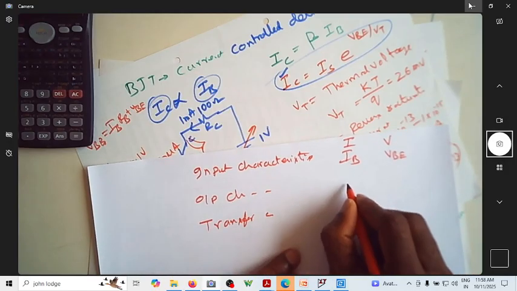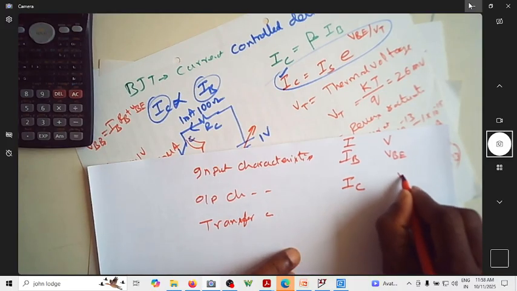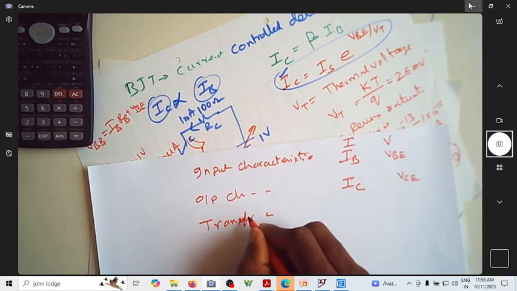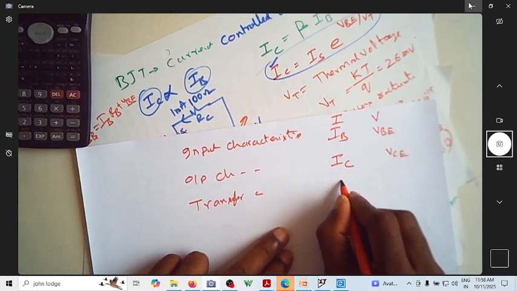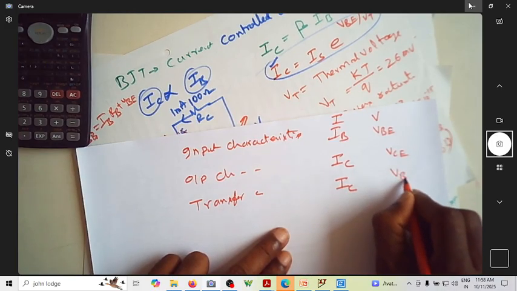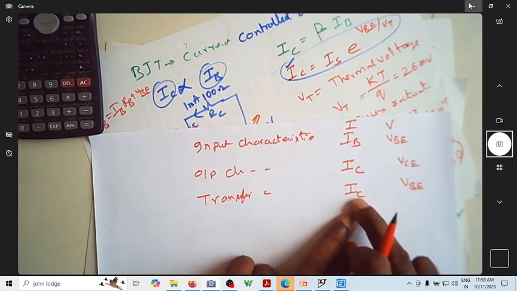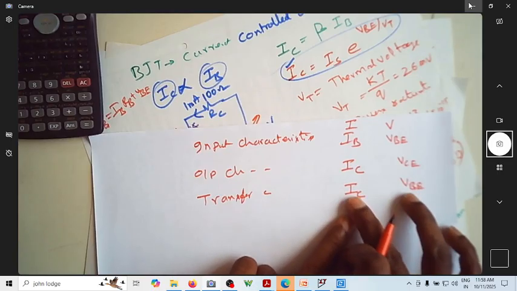In output characteristics you are referring to output current and output voltage. In transfer characteristics, the output current but the input voltage. Can you see the voltage is input, current is output? So this is what is called transfer.